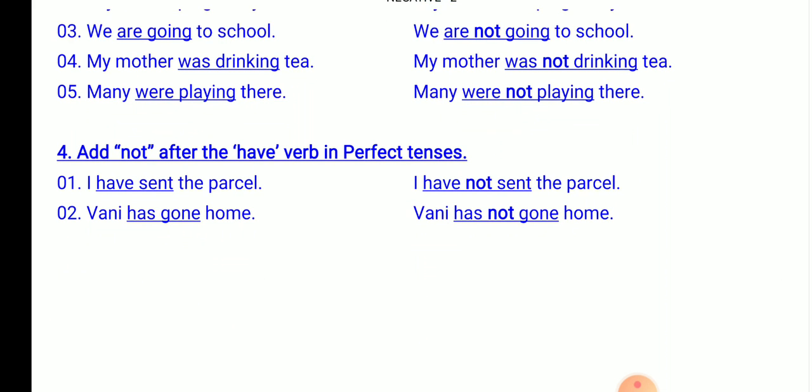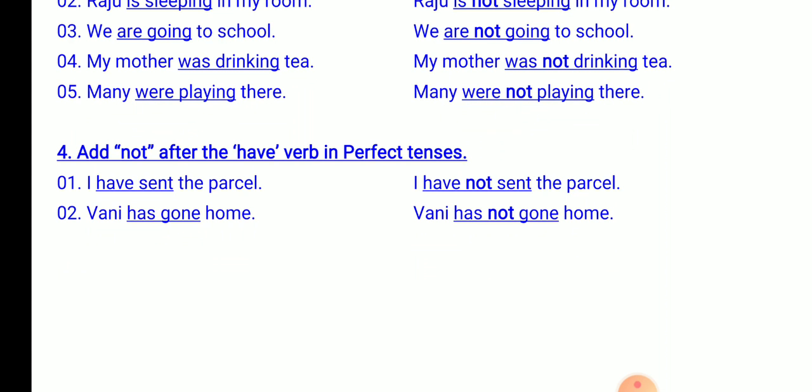Now, we shall move to the next part. This is the perfect tense. Here also you have two verbs in each sentence and you are adding not after the first verb. Look at the first sentence.